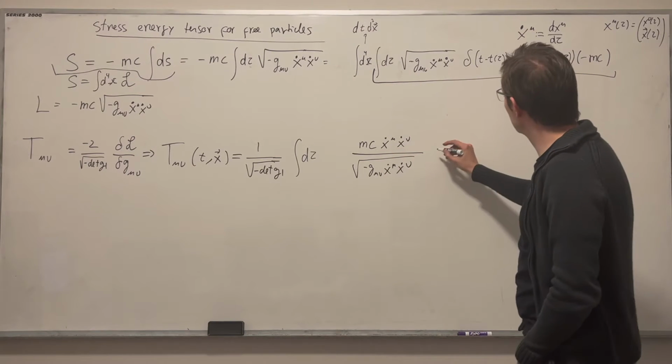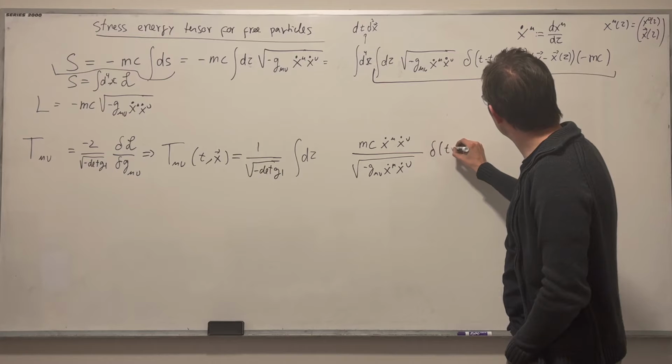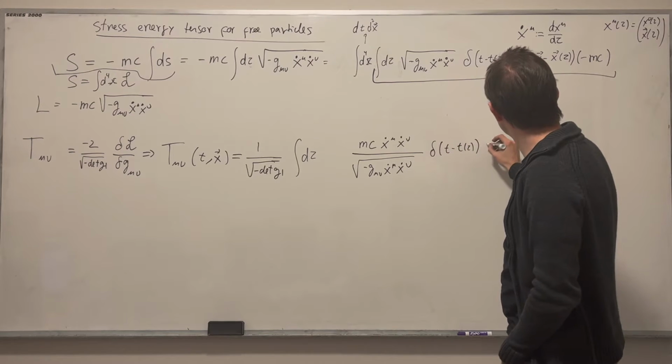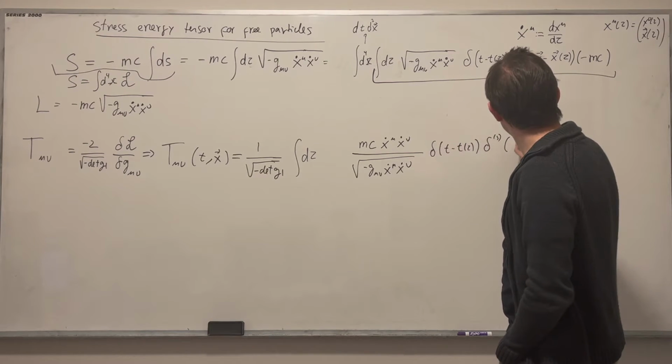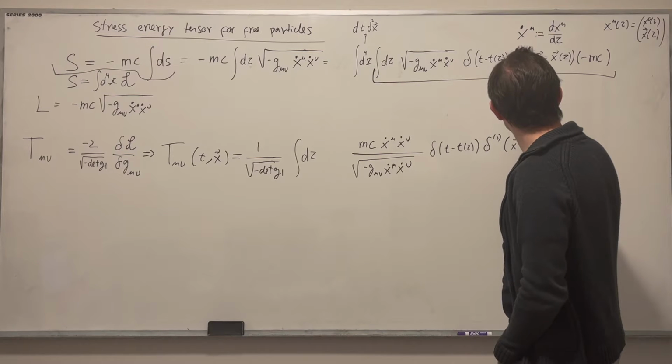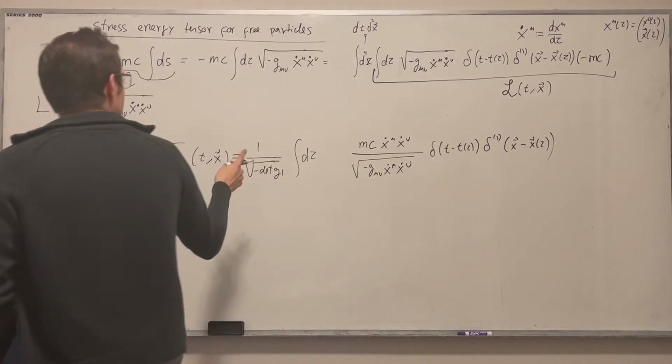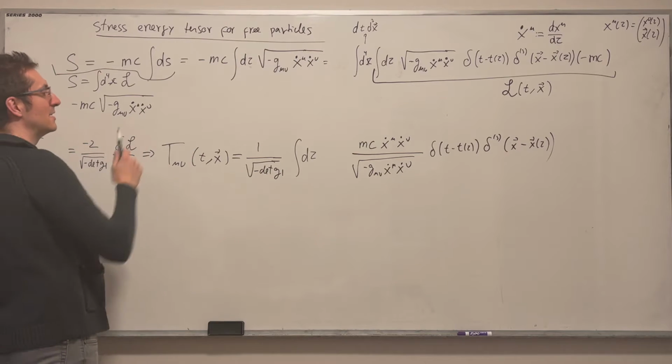All right, and of course I have the delta of t minus t of tau, delta 3 of x minus x of tau. All right, so that is the stress energy tensor that we get from the Lagrangian density.